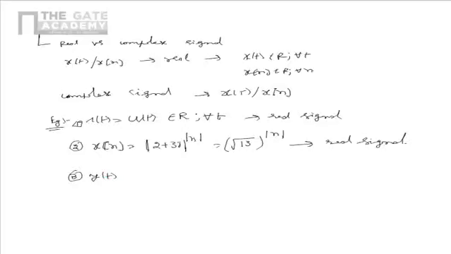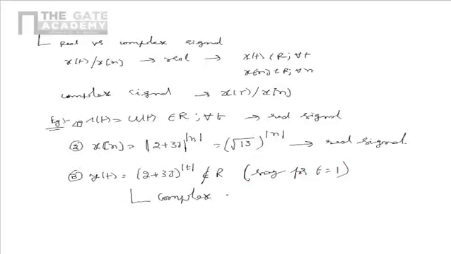Now let us consider another signal y of t is equal to 2 plus 3j whole power mod t, and we know that this doesn't belong to R for some values of t, say for t equal to 1. So this is not a real signal. So the given signal is a complex signal.